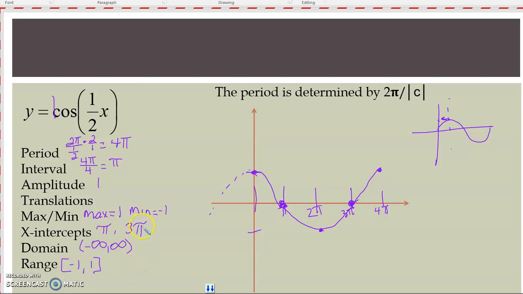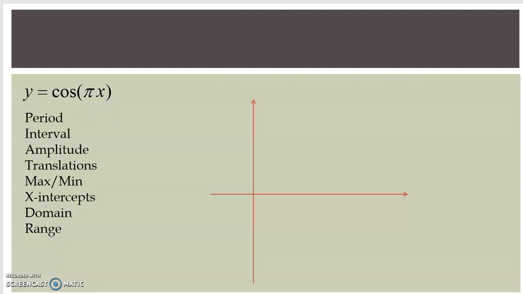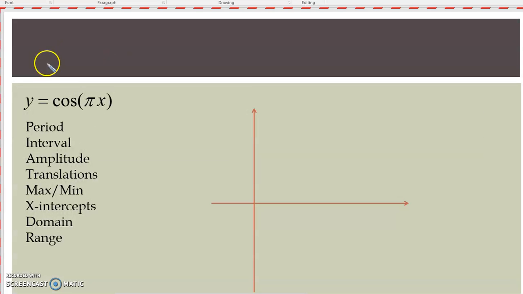Okay? So let's try another one. This particular graph had a period change of pi. So we take our original 2 pi and divide it by c. That gives us a period of 2. If we take our new period and divide it into 4 parts, each tick mark is 1/2 apart from each other.